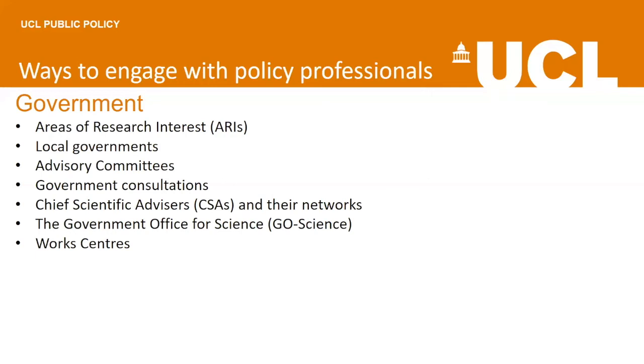Sir Patrick Vallance, who we will have seen often throughout the pandemic, is the CSA for the government and is formerly the head of medicine at UCL. And Professor Anthony Finkelstein is the chief scientific advisor for national security for the government, and he was formerly the chair of software systems engineering at UCL.